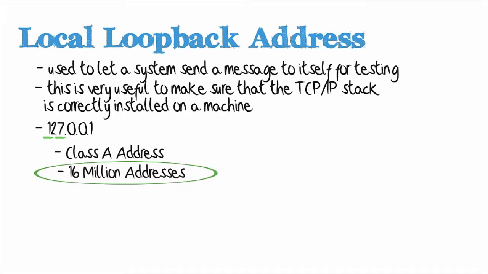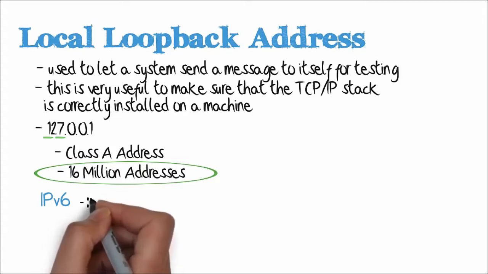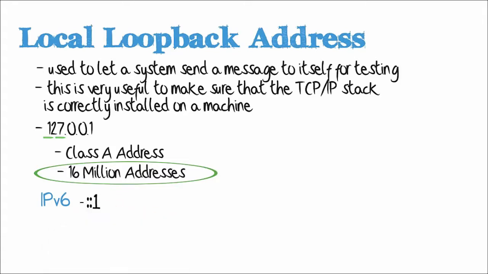Those addresses cannot be allocated as public IP addresses on the internet, thus making the IP version 4 address space smaller than it may have been. In IP version 6, a different address is used for the loopback, ::1, and they made sure that they didn't make the same mistake again.